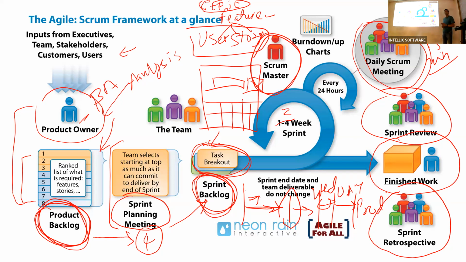What again is the burn down chart? So everybody reports their work on a daily basis. I completed this task, against whatever hours were allocated for each task. Let's say initially they had 40 or 80 hours worth of work.